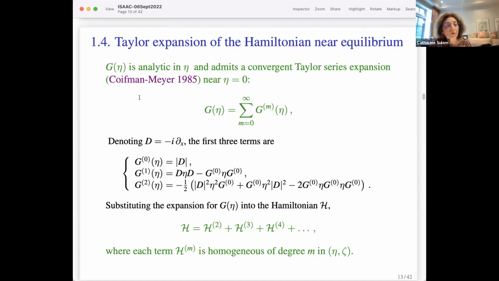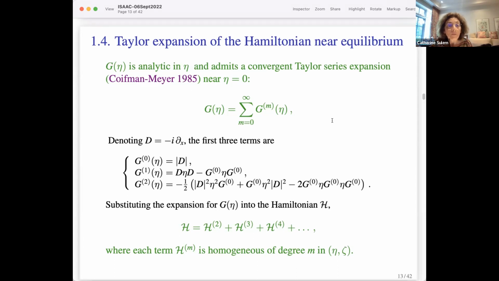It goes back to the work of Craig and Sulem. Not only does it have a Taylor expansion that converges, but each term can be expressed relatively simply by combinations of products in the physical or Fourier space.